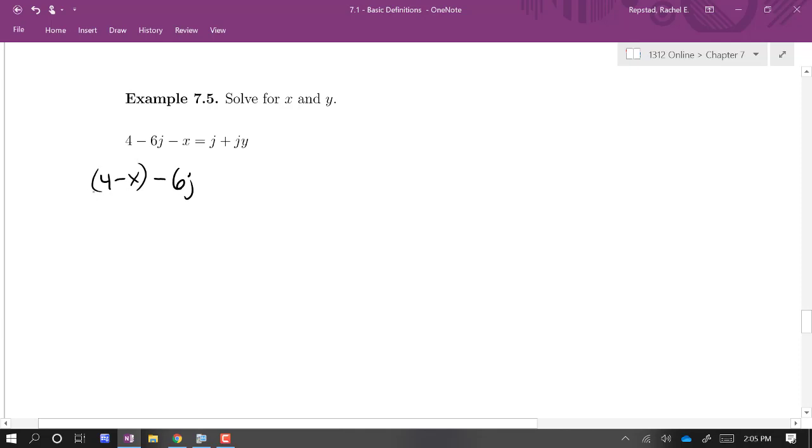I'm putting them there because it makes it more clear that that is the real part, a unit, a part that goes together. On the other side, I've got j plus j times y. So it's all imaginary, and so the real part is 0, and for the imaginary part, I'm just going to factor out the j, that'll be 1 plus y.